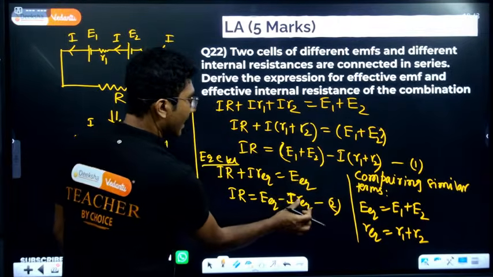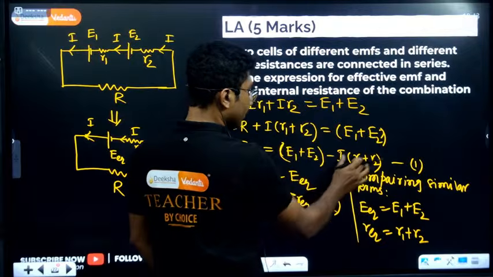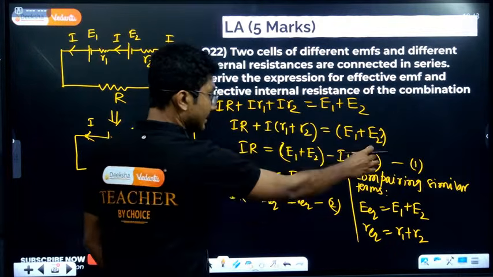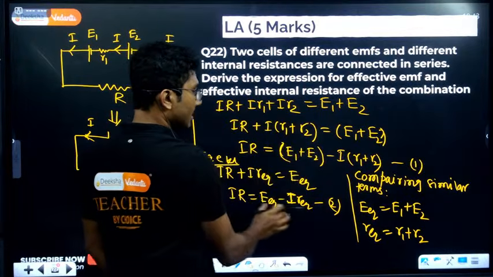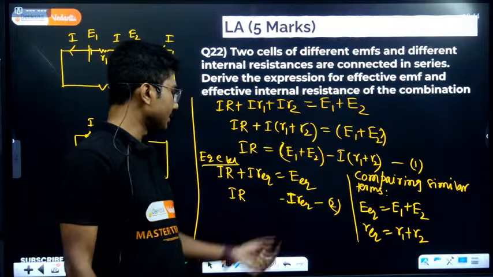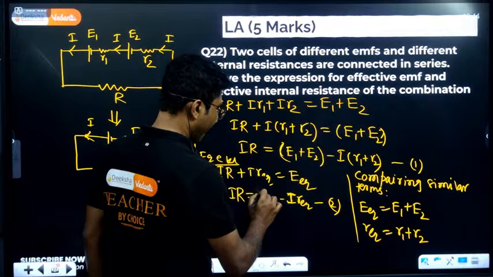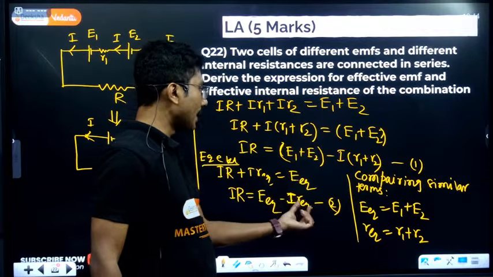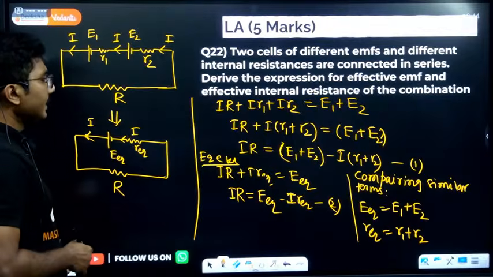That means whatever factor that is getting multiplied with I should be same. So these two must be same, and if this is same, then that must mean that these two also are same. Okay, so comparing the similar terms, we can say this must be equal to this, and this R equivalent must be equal to R1 plus R2. Very important but easy derivation.